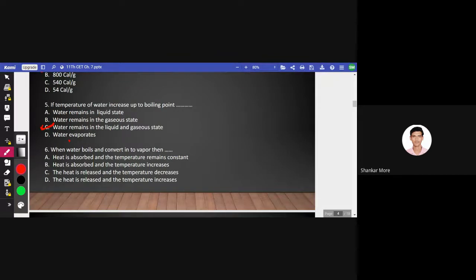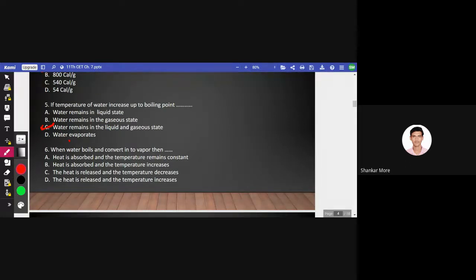Option B, heat is absorbed and the temperature increases. What are the other answers? Krishna is giving option A. A few of you are giving options B and D. Are you not sure about the answer?